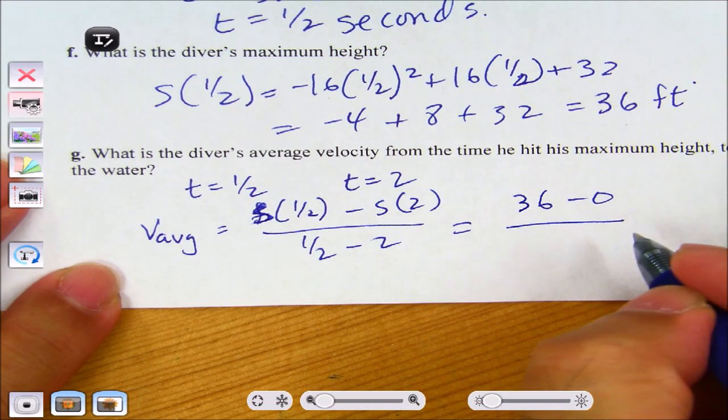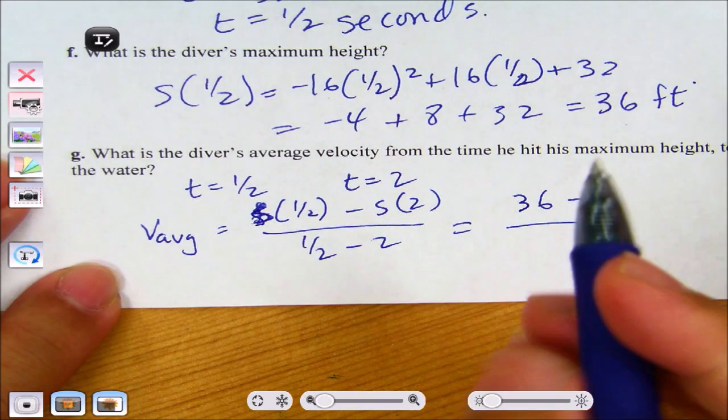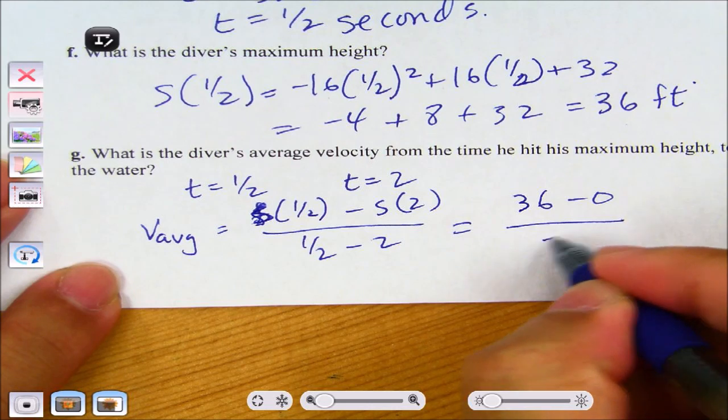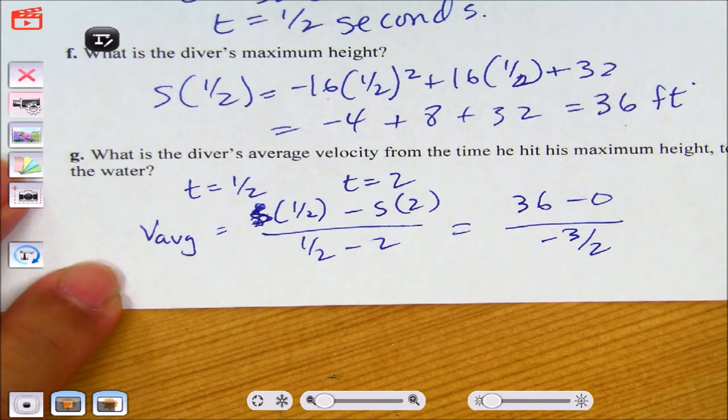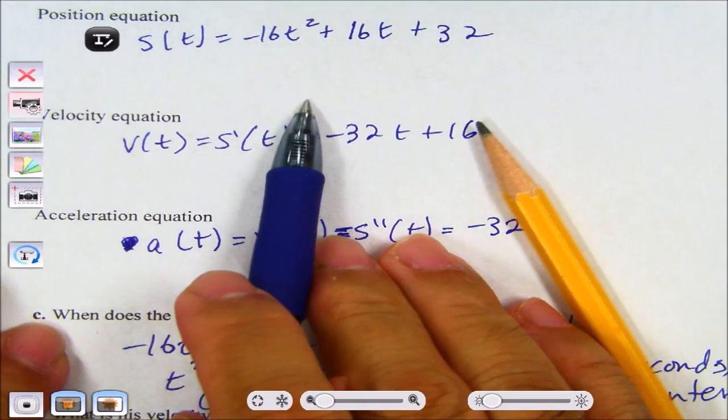What do you mean? S is position. We're using the position function. And that's negative 3/2 on the bottom? Yes. What is s? S is the position function. s of 1/2, you just plug it in.